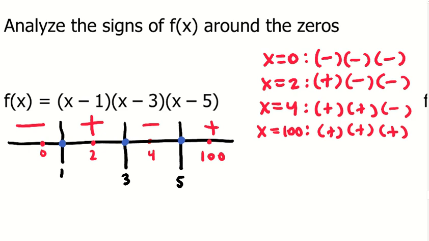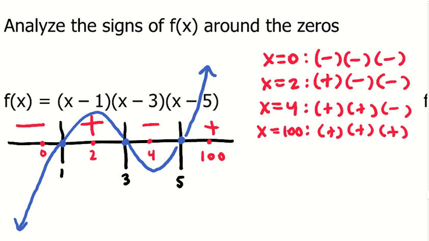And it's going to have a positive leading coefficient, so it's going to come from below, like y equals x. It's going to go up. It's negative, positive, switches back to negative here, and then it's going to be positive. And that's a pretty good sketch of this function. And so I'm just going to sketch as I'm making these sign charts, because that's going to be something you're going to be asked to do next time.